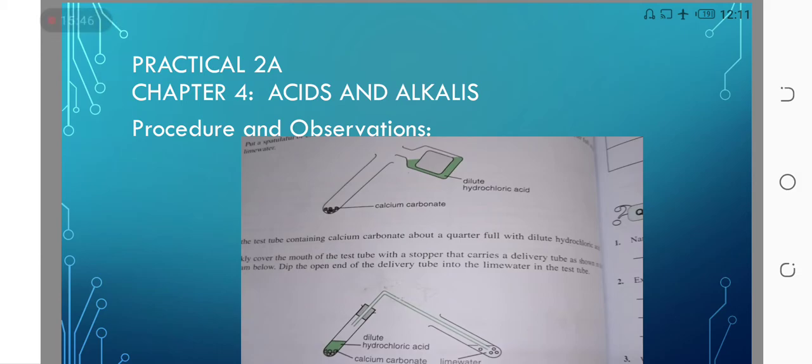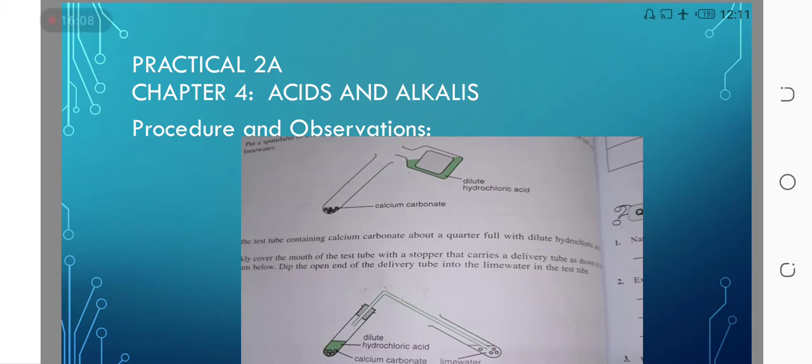The reason is that gas is produced and we have to trap this gas inside the test tube. So dip the open end of the delivery tube into the lime water present in the second test tube.